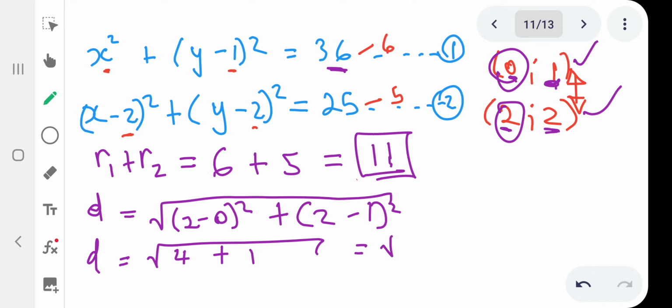So in total this is the square root of 5, and the square root of 5 is approximately 2.236.